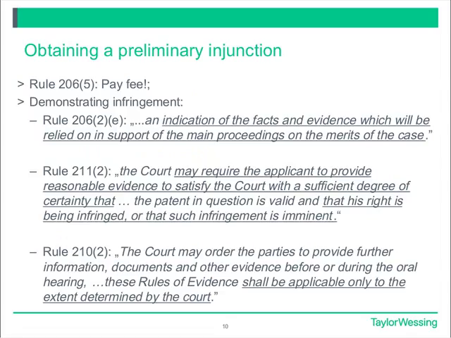Okay, so now we will look at the details. Of course, how do we start preliminary injunction proceedings? First of all, on the formal side of things, you have to pay a fee. This is in Rule 206, Paragraph 5. As Paul already mentioned in the beginning, there's a provisional fee regime out there, and for preliminary injunctions, of course, this is only a provisional fee regime, it's not the final one.